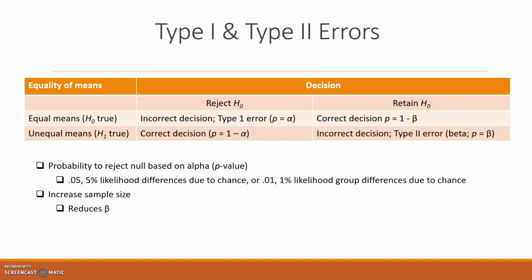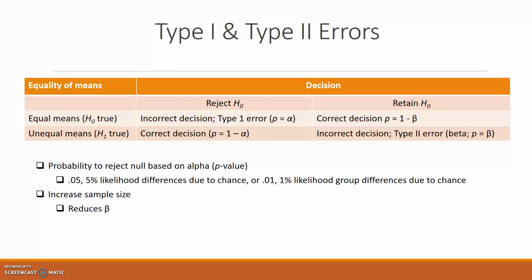However, if we retain the null, this would be a correct decision. If there is a true null, we want to accept it. We always want to make the correct decision, so we have to be mindful of the factors that will help us ensure correct decisions throughout the design of our study and the analysis of the data.